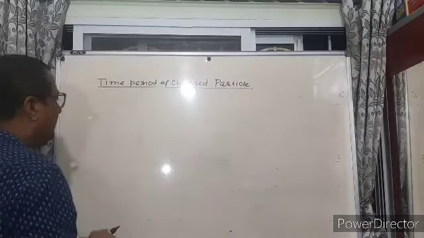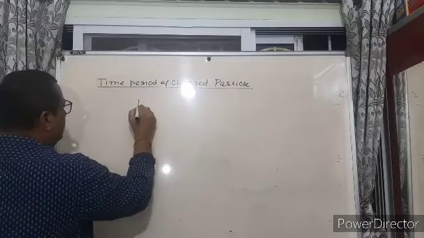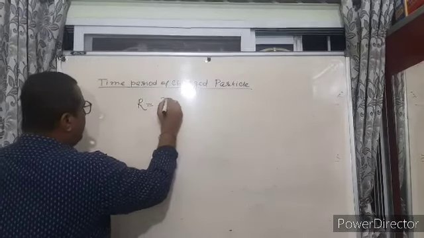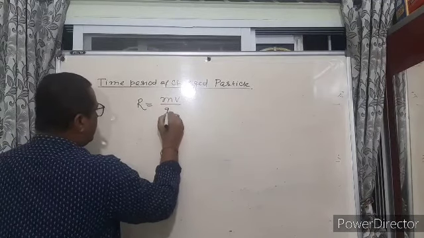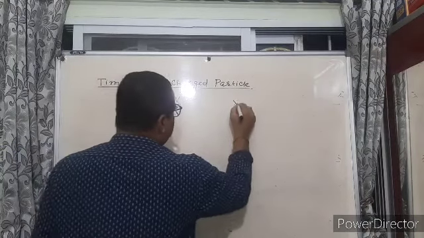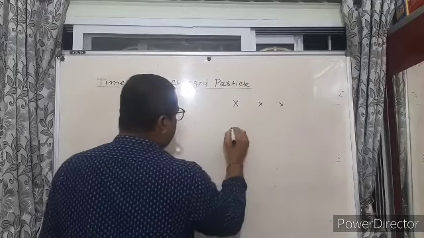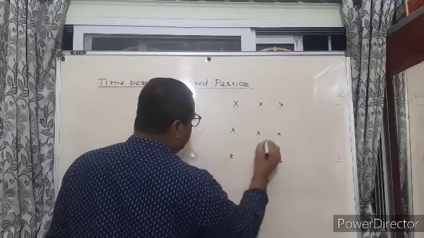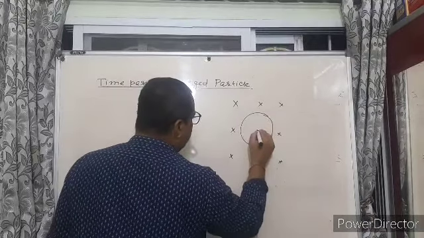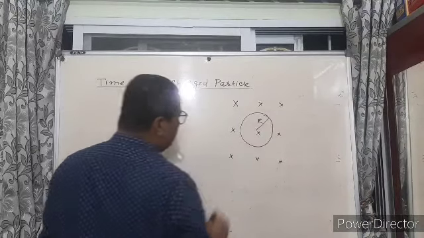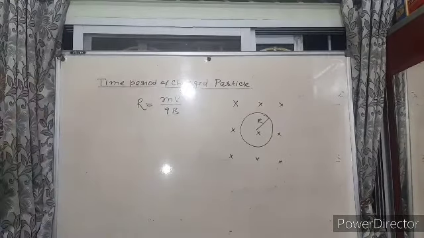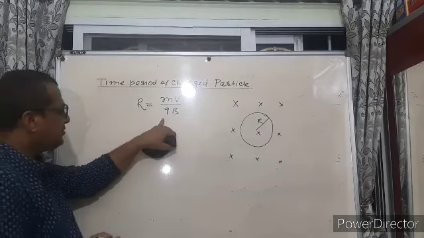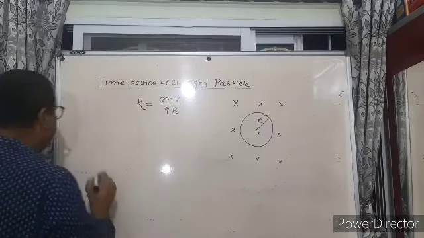We have the formula radius equal to mv by qb. When charged particle enters in perpendicular magnetic field, it moves circularly. Its radius is r. Now here we have to find the time period.